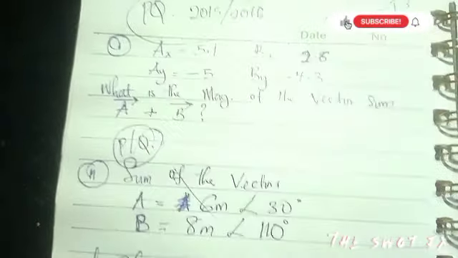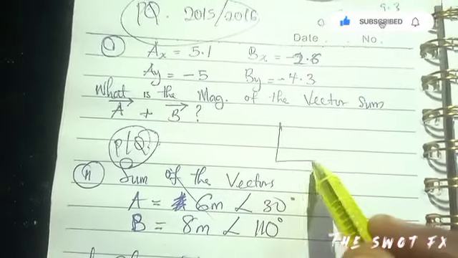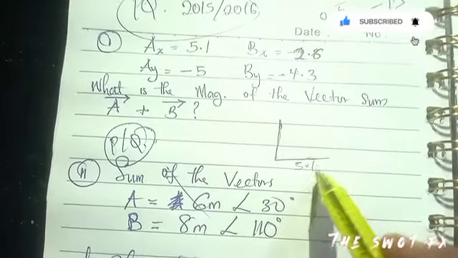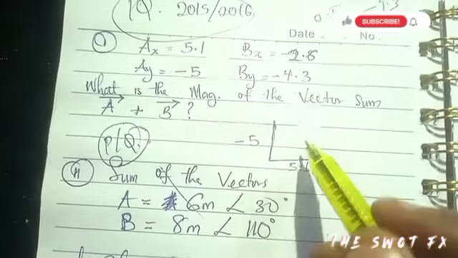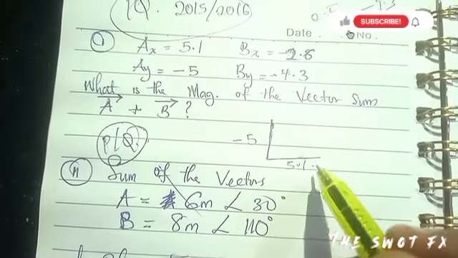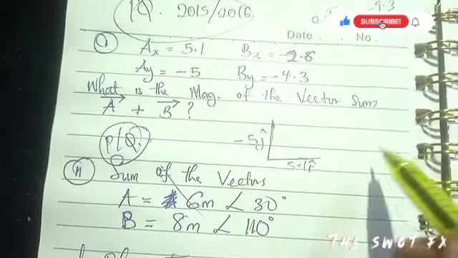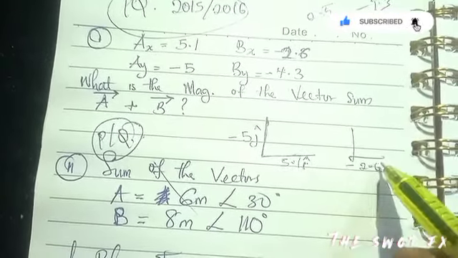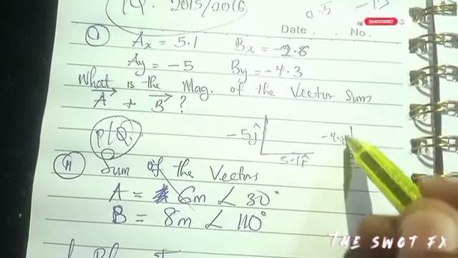Vector 1 has 5.1 i and -5 j. The second one has 2.6 i and -4.3 j.